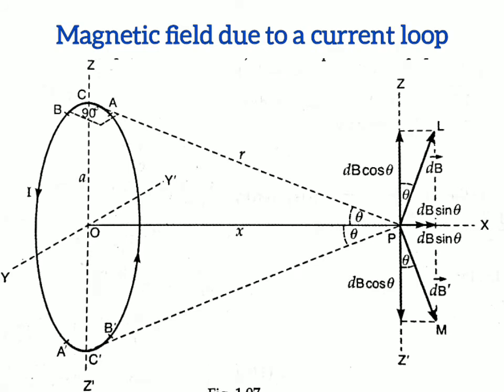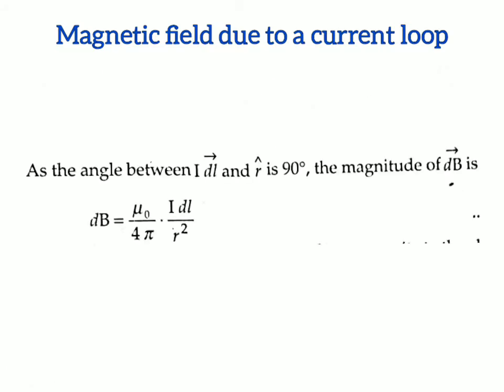Now the magnetic field due to the small current element at point P points in the direction of the vector IDL cross r vector, and this dB vector has been shown in the diagram and is represented by the PL vector. Since the angle between IDL and r cap is 90 degree, the magnitude of dB vector is given by dB is equal to mu naught by 4 pi IDL divided by r square.